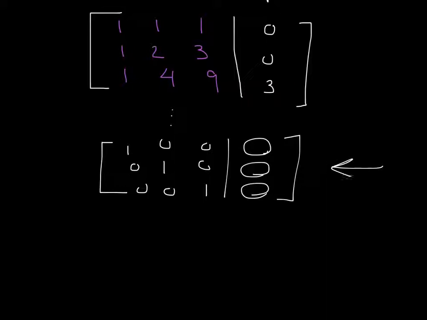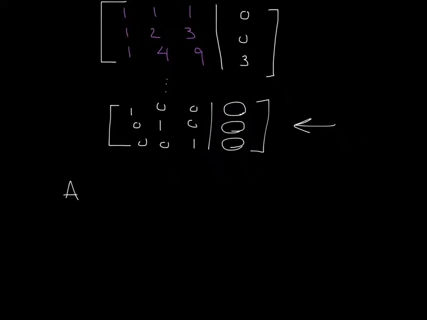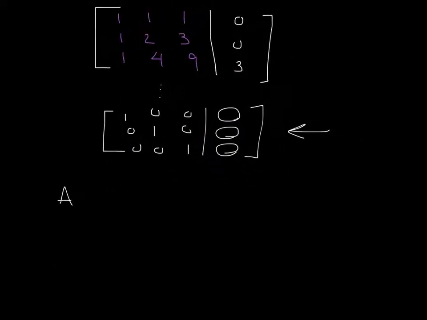So I want it to be in this form. So on your calculator, I'm going to go ahead and just call this matrix A. Let me go ahead and explain this first. So I have three rows, and then I have 4 columns.